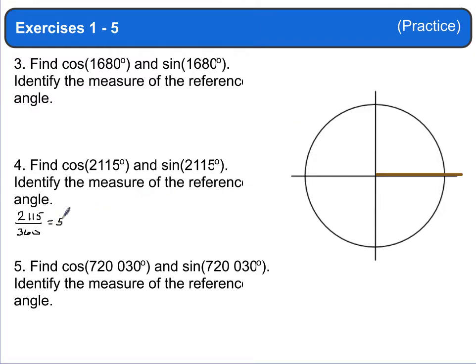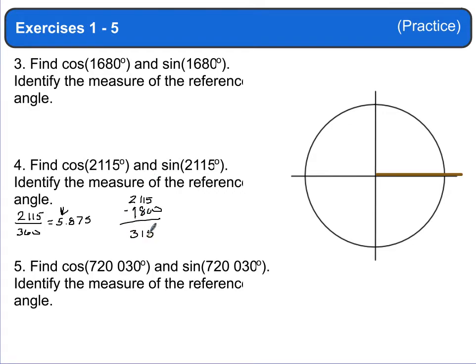That's going to be 5.875. So what we're going to do is subtract 2,115 minus 5 times 360, because we're interested in this 5. So 5 times 360 is 1,800. So we subtract those two, and we get 315 degrees.